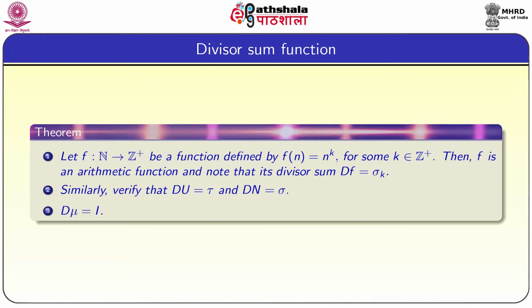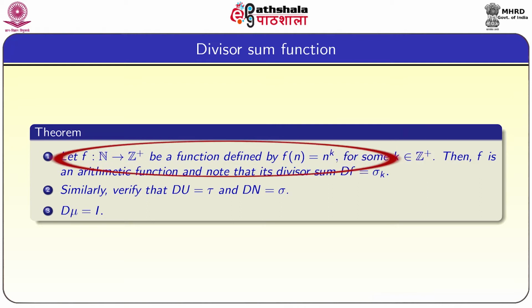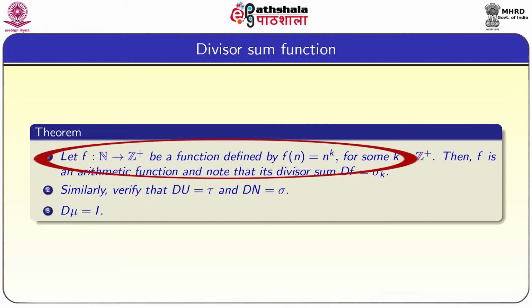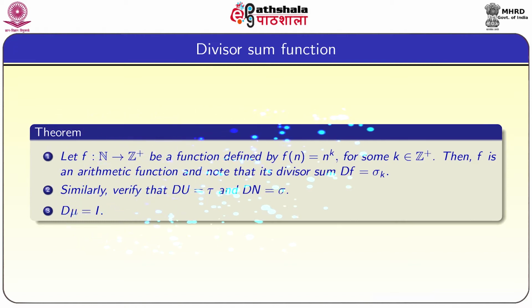Okay. So, the divisor sum function has some nice properties. Before discussing those, look at this nice theorem. If f is a mapping from natural numbers to Z plus, defined as f of n is equal to n power k, then f is an arithmetic function, that is clear. And also note that the divisor function Df is equal to sigma k itself.